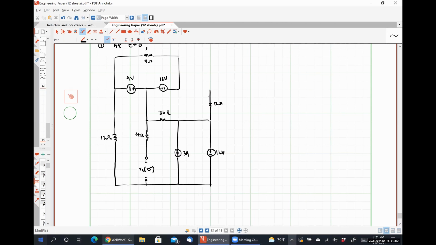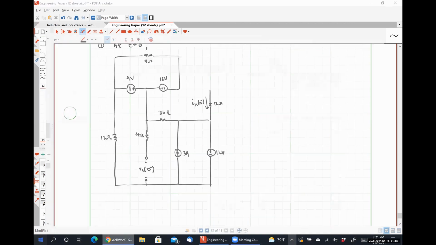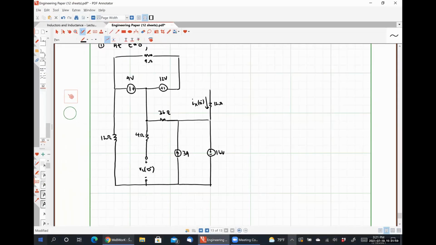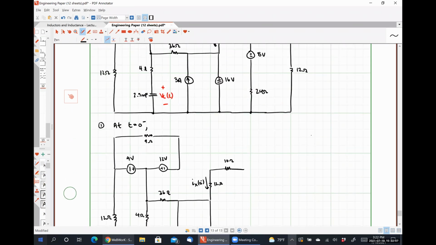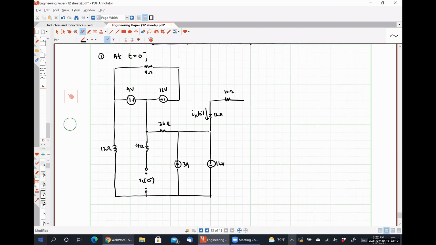There's our 12 ohm resistor through which our current IX at 0 minus is flowing. An ohm resistor, and then this is an 8 volt source in series with a 24 ohm resistor.